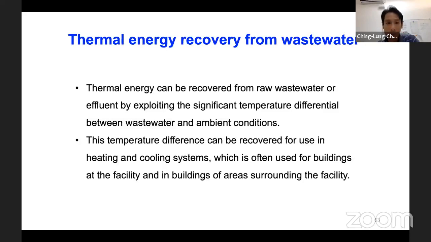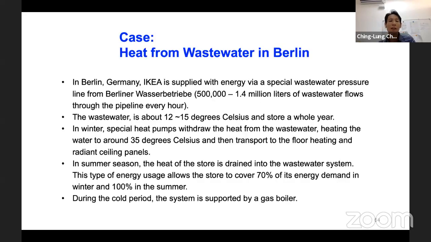Okay, and then this is the case in Germany. This company supplies energy with a specific wastewater pressure line. This water is about 12 to 15 degrees Celsius and stored the whole year.